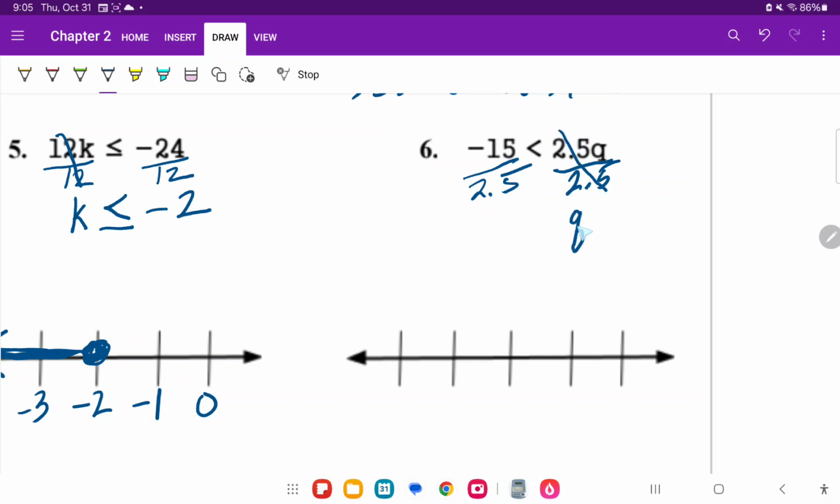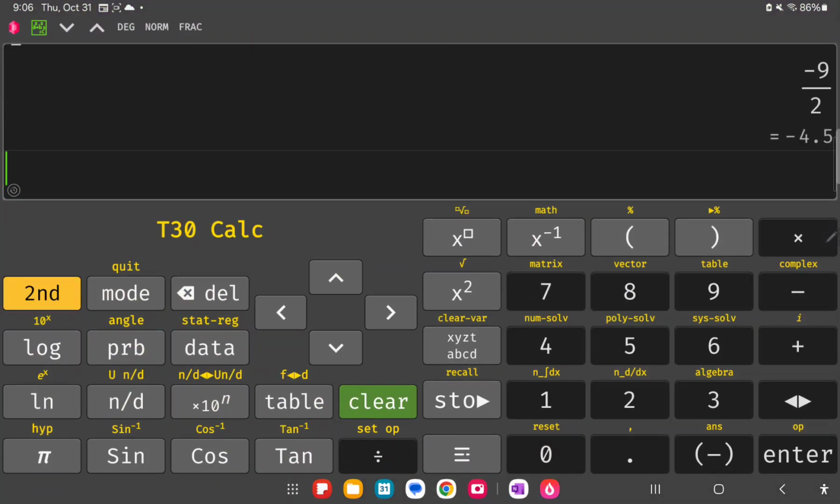So we'll bring down our Q. And then what do we bring down in the middle? The less than sign. So we're going to bring down the less than. And what is -15 divided by 2.5?